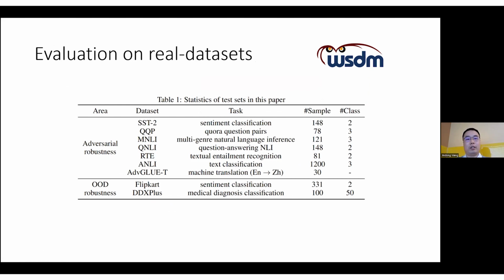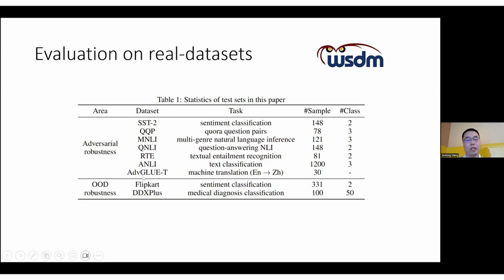And yeah, this is the statistics of the test sets used in this paper. Most of them are from the ADV glue. And for another kind of tasks, because you can see that ADV glue is all about classification, and beyond classification, we would also want to test the generation tasks.